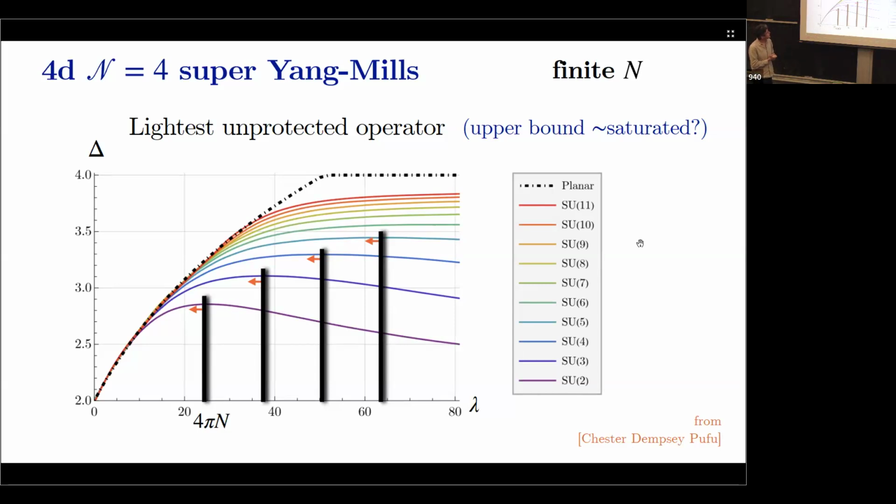These walls show you that you should only look at the left-hand side of each wall, because the other side is related by S-duality. So we just look at one fundamental domain, and on this fundamental domain, these curves for different numbers of colors are all concave functions of lambda. If you take these upper bounds as saturated, then they look concave. It seems like a pretty compelling concave picture.